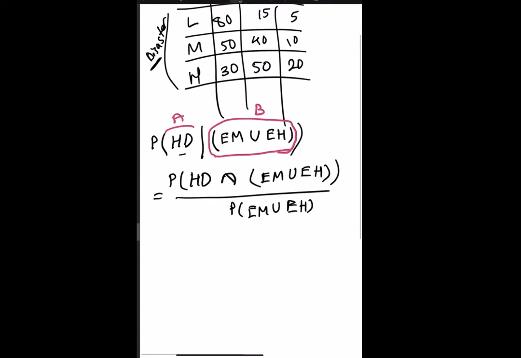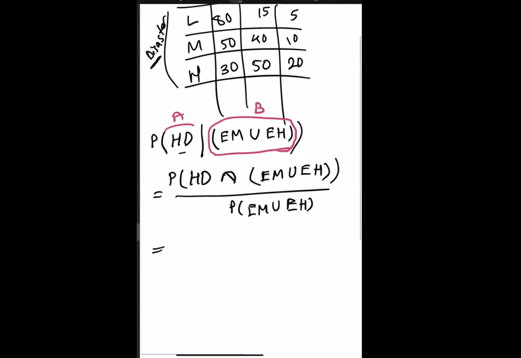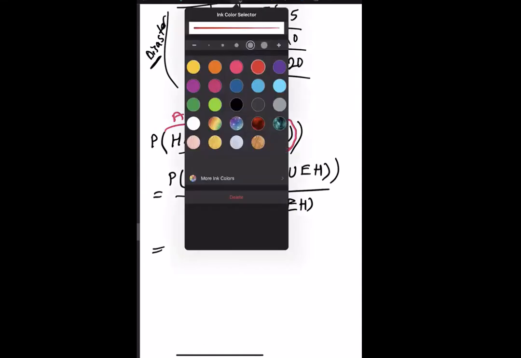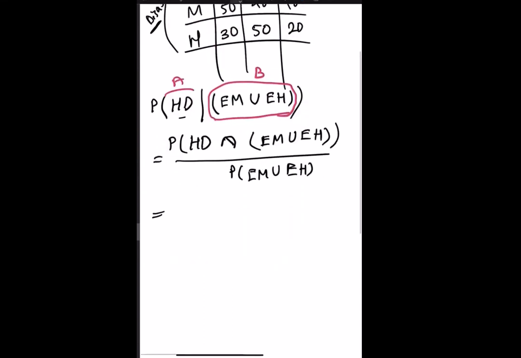Okay, now, in the numerator, let's see what we have. I'm just writing it generally, it is probability of A intersection C union D. How do you write this?